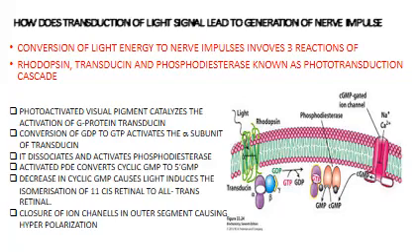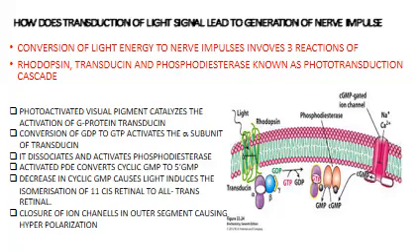Now, how does the transduction of this light signal lead to the generation of a nerve impulse, which is then conveyed to the brain? The conversion of light energy to nerve impulses involves three reactions.